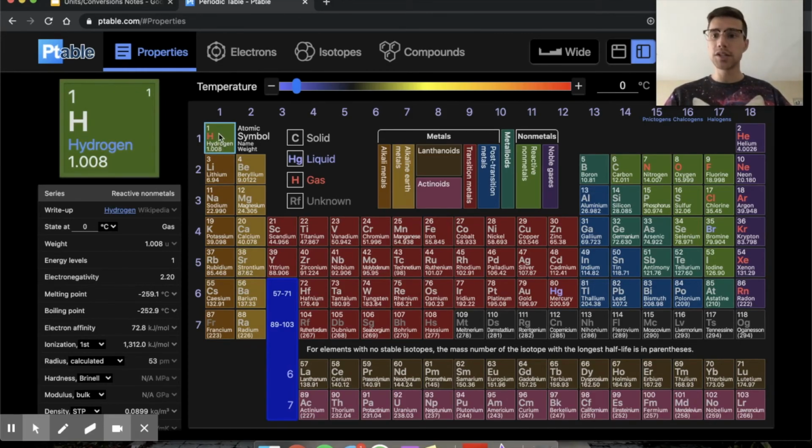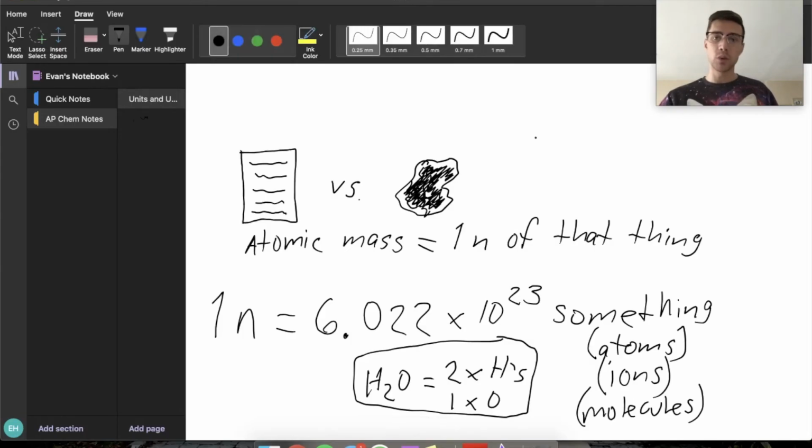Now, there is the slight difference here that when we talk about hydrogen, we never actually find hydrogen by itself. If you think of this as one hydrogen atom, in nature, we never find one hydrogen atom alone. You might have heard of hydrogen gas, or the Hindenburg explosion in the mid 20th century.